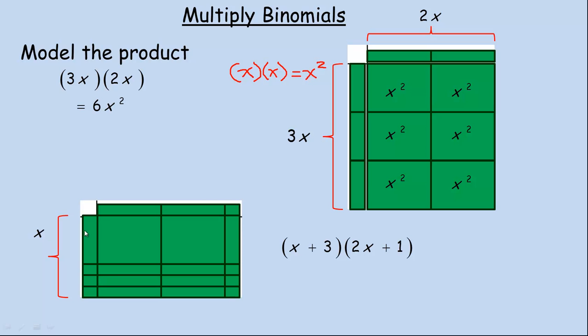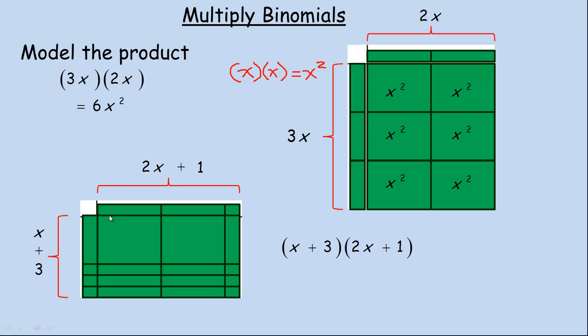So this would be x along here plus this 3. That side would be x plus 3. Now we're multiplying it by 2x plus 1, so the dimension across the top would be 2 of these x's, and then plus 1 at the very end. So 1x plus another 1x plus 1 is 2x plus 1.